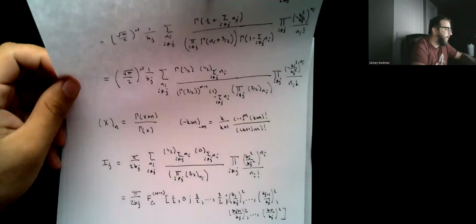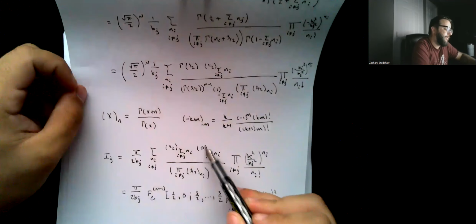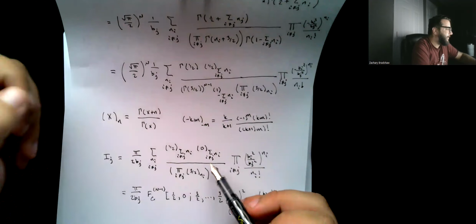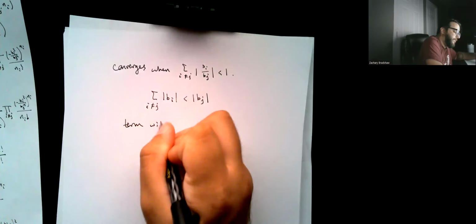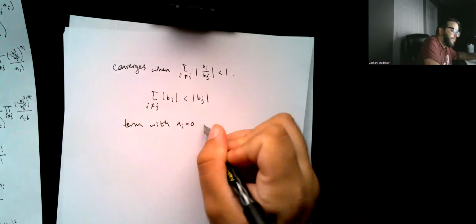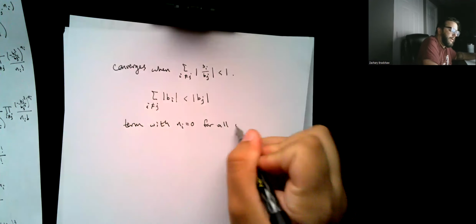Moreover, let's go back to our series here. We see that because of this zero Pochhammer, there's going to be a factor of 0 here, except for the case where the ni is equal to 0 for all i not equal to j. Only that term will survive.